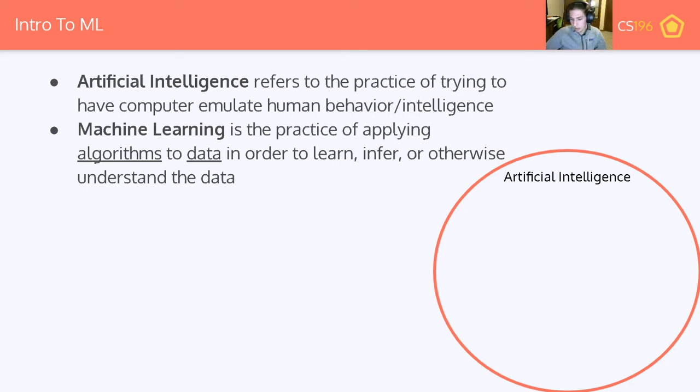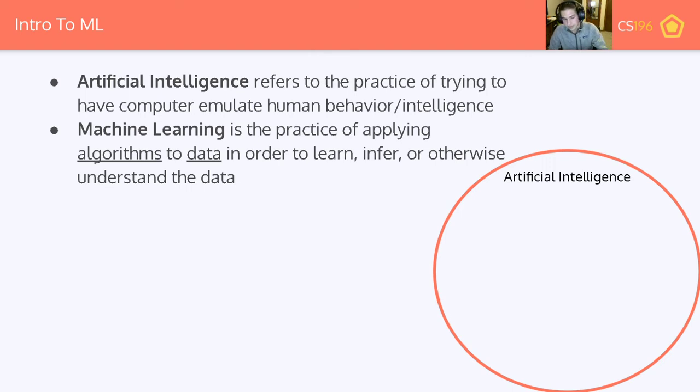Now, we'll get a little bit more specific, and more specific to the things that people commonly think are actually AI, and we'll talk about machine learning. Machine learning, as we see here, is the practice of applying algorithms to data in order to learn, infer, or otherwise understand the data.